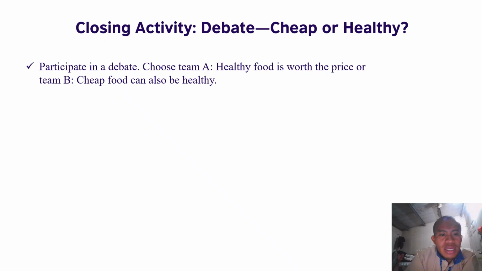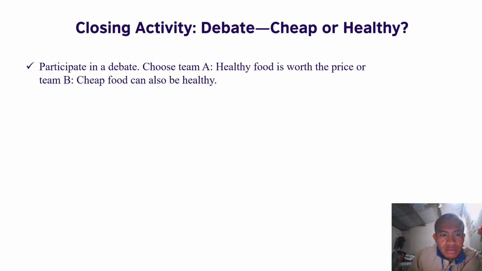So here, as a closing activity, I have a debate for you. Prepare a debate about cheap or healthy. There are two groups. One group is going to talk about how healthy food is worth the price, and team B, cheap food can also be healthy. So try to include the reasons and arguments. Use because, for, and facts, different data to reinforce your idea.